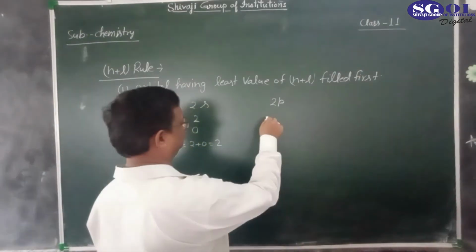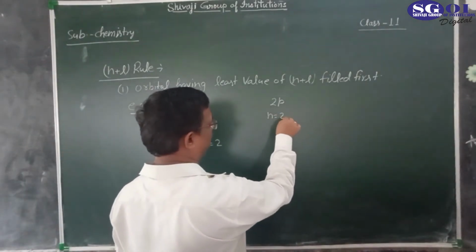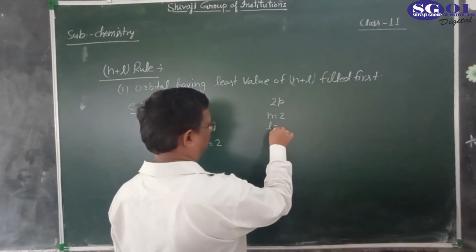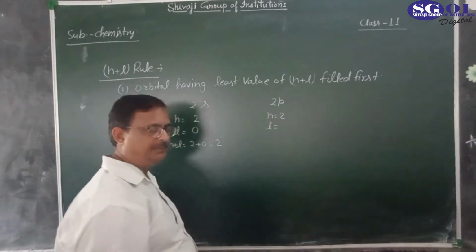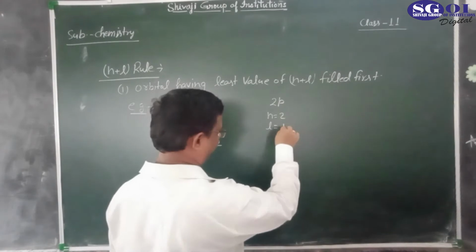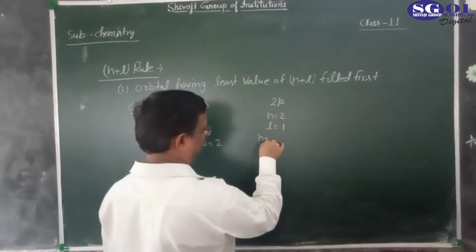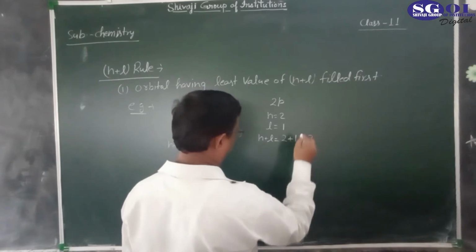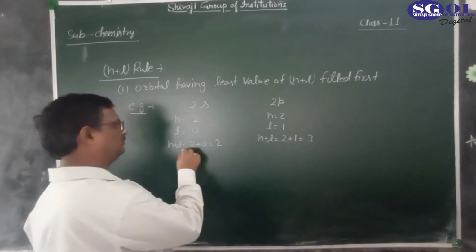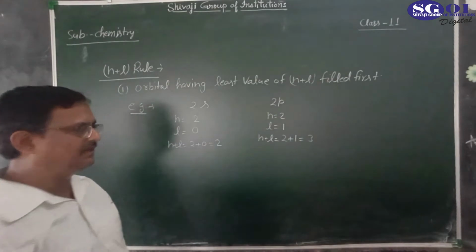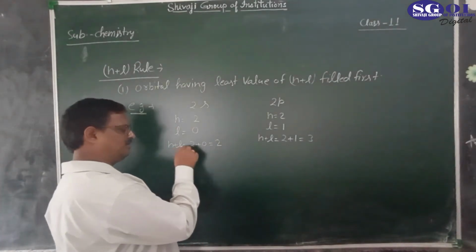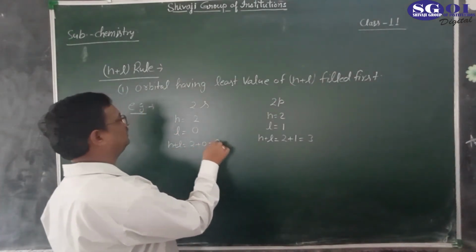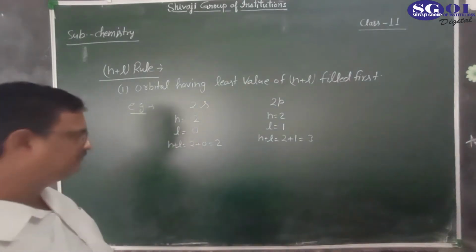For 2p, n is 2, the value of l for the p orbital is 1, and n plus l is 2 plus 1 equal to 3. So for these two orbitals, the value of n plus l is least for 2s.